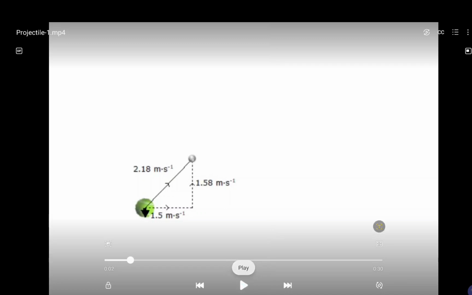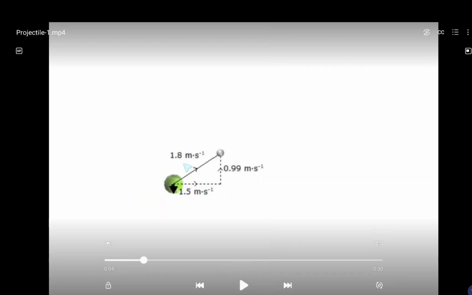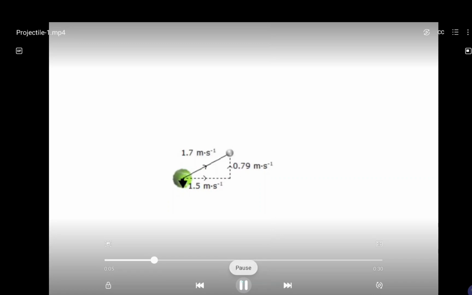To move further with this projectile motion, as we can see, the velocity is decreasing. The y component is decreasing while the x component remains the same all the way. Again, the y component decreases and the x component is constant all the way.